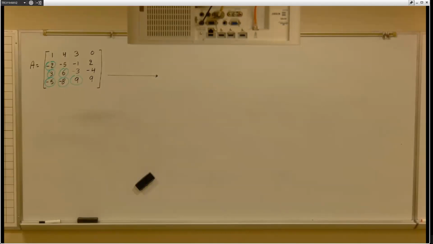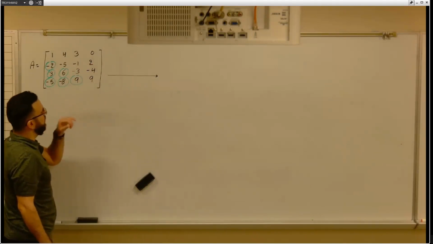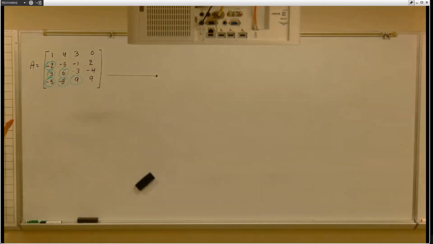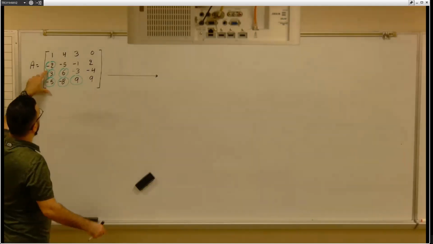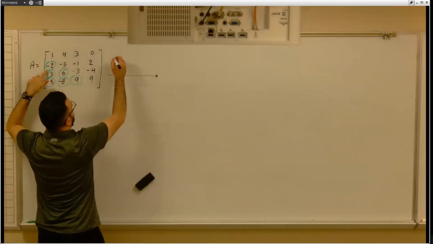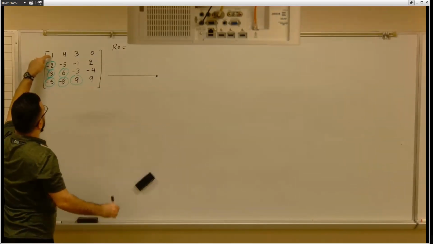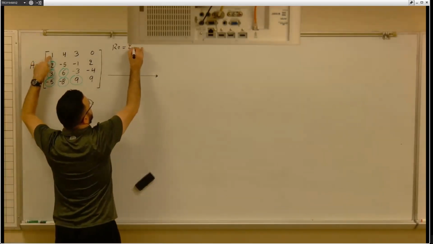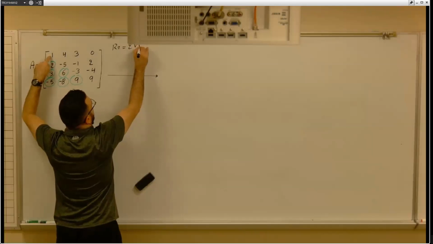Okay, so let's start. I'm going to do the 3 operations at the same time. The first thing, I need to convert -2 to 0. That means R2 is going to be: multiply R1 by 2, that means 2R1, and add it to R2.